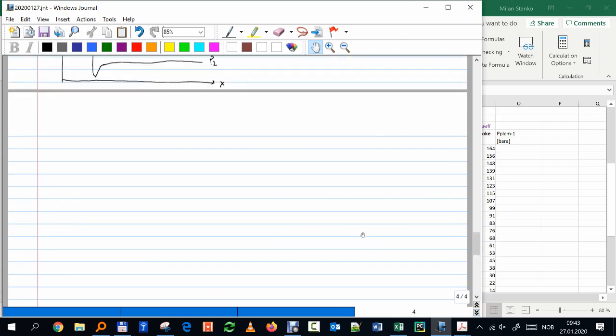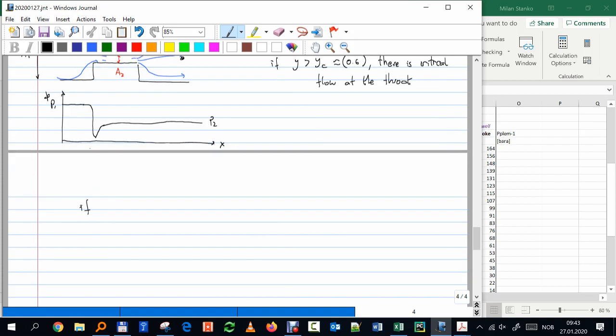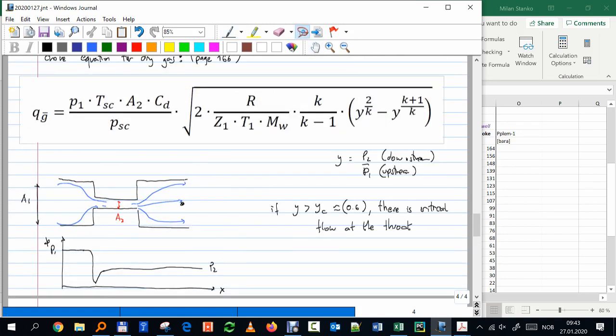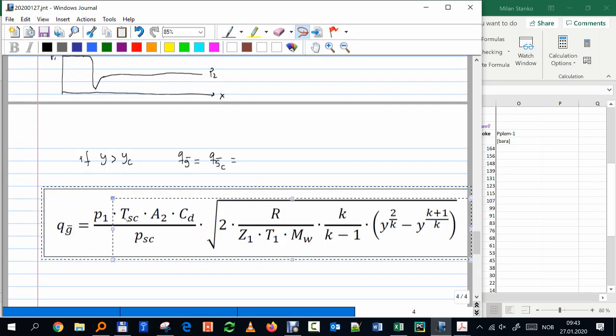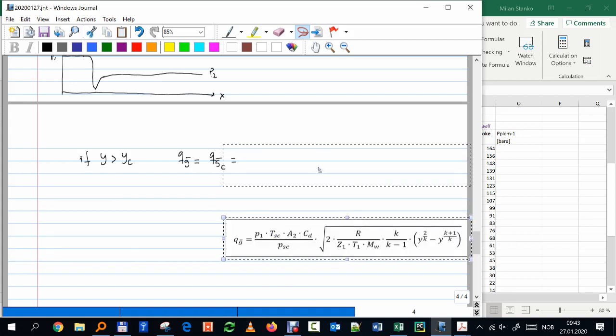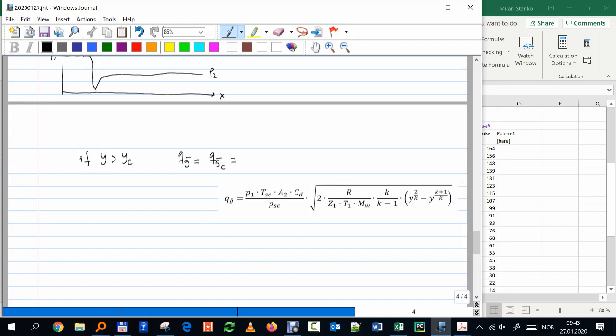So the choke equation is: if Y is greater than Yc, then Qg will be Qg critical, which is that equation that I have here, but with Y equal to Yc.